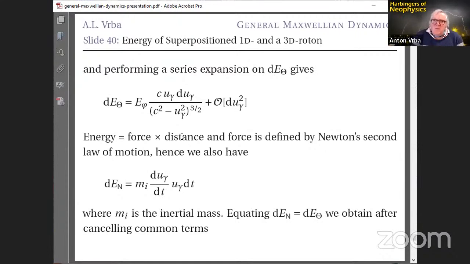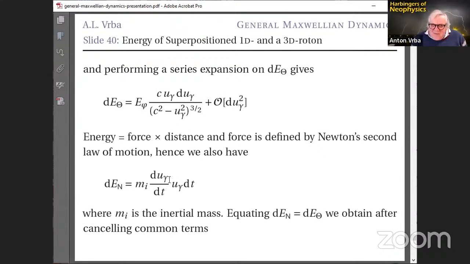But we also know, now we apply Newton's second law of motion, that energy is force times distance.